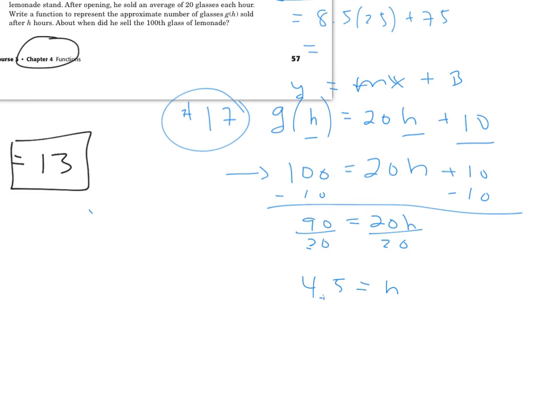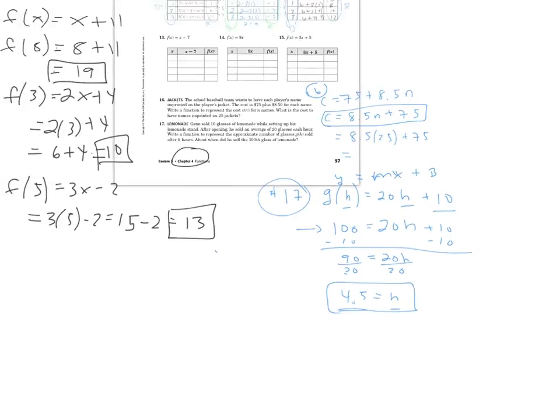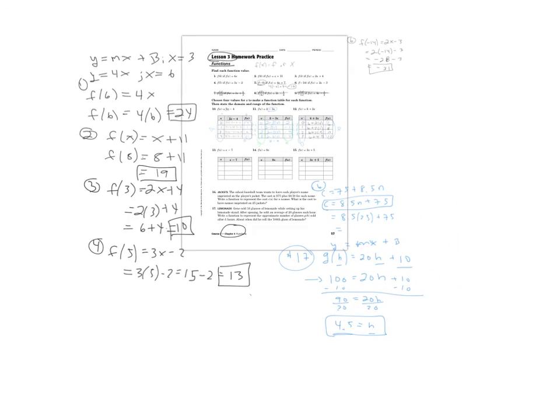And so for us, that means that they sold about 100 glasses in about 4.5 hours. And that would be the answer to number 17. They sold the 100 glasses in about 4.5 hours. And let me reposition this so it looks right. Like that. Okay, done.